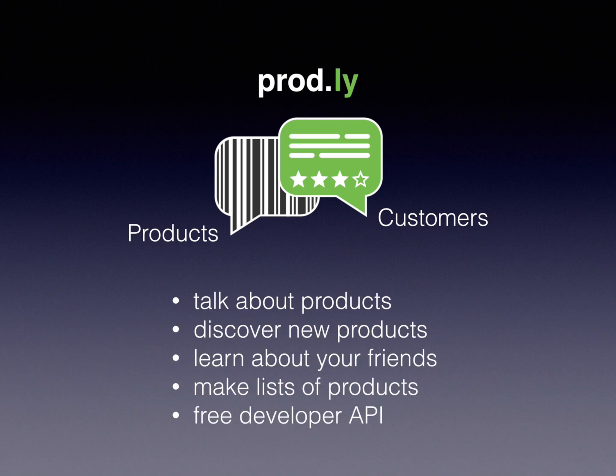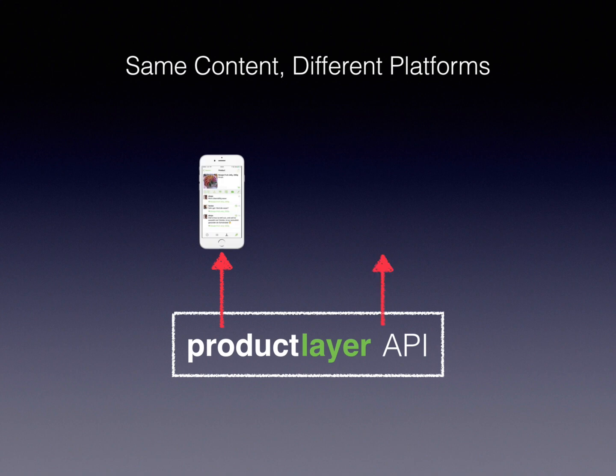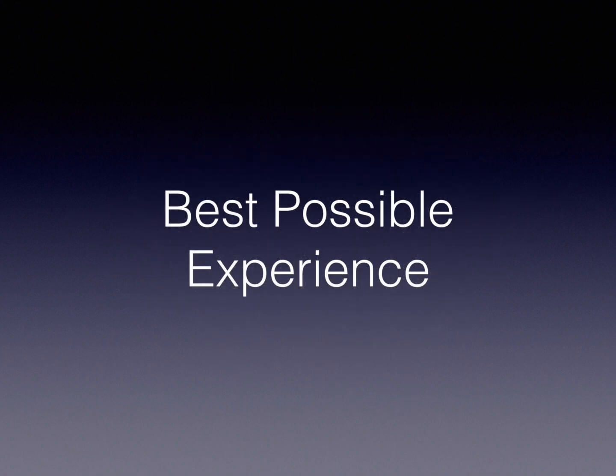And we have the scenario that we have the same content more or less, but on different platforms. All of this is based on the product layer API, which is a RESTful API. And this feeds what you see in the iPhone app, iPad app, as well as what you see on the website.